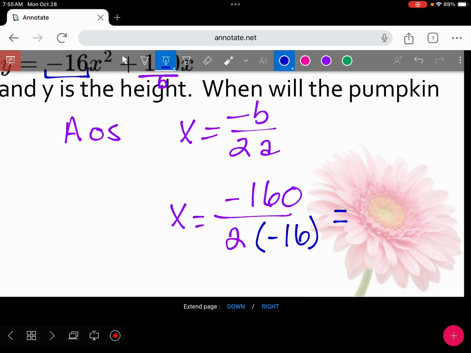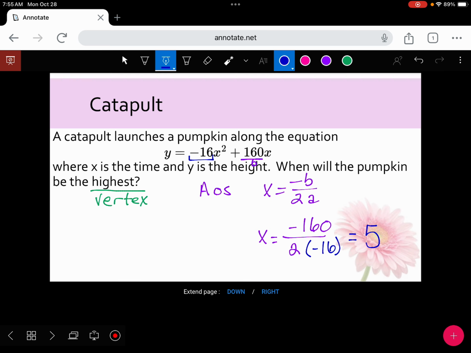When in doubt, type it in the calculator, guys. We should get 5. So when will the pumpkin be the highest? At 5. Did they ask us how high it would go? No. Could we find that? Yeah. How would we find that?